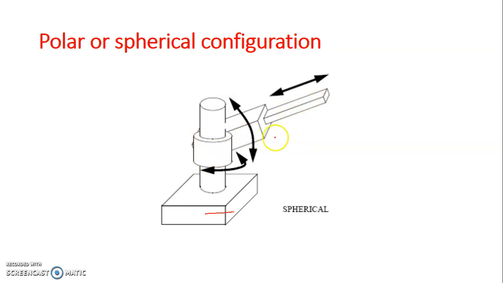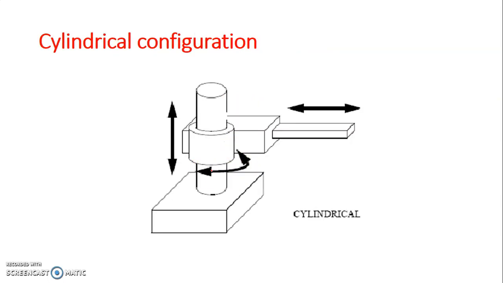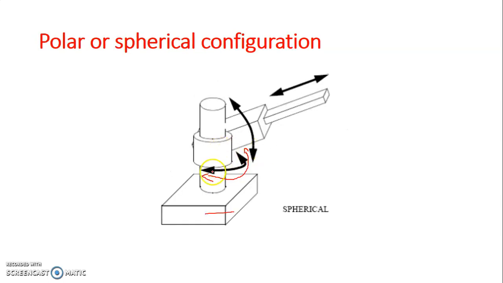It is the same, but the movements of the joints in the robot are of a different type. You can see this can rotate on its own axis. It was observed in this also. We can have rotary motion in this also, in the polar and the cylindrical configuration.